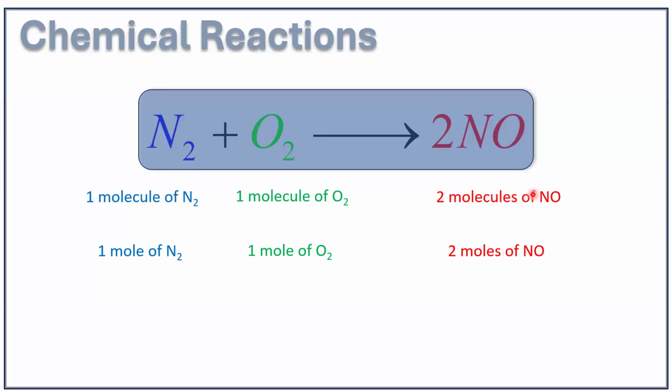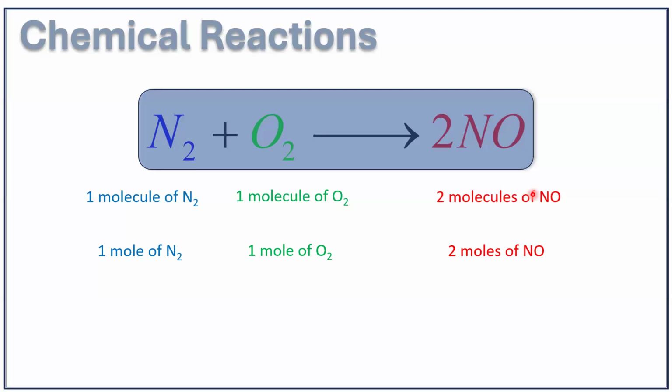And what is the weight of 1 mole of nitrogen molecule? If I say what is the weight of 1 mole of N2? Atomic mass of nitrogen is 14 AMU, and a nitrogen molecule is made up of 2 nitrogen atoms.